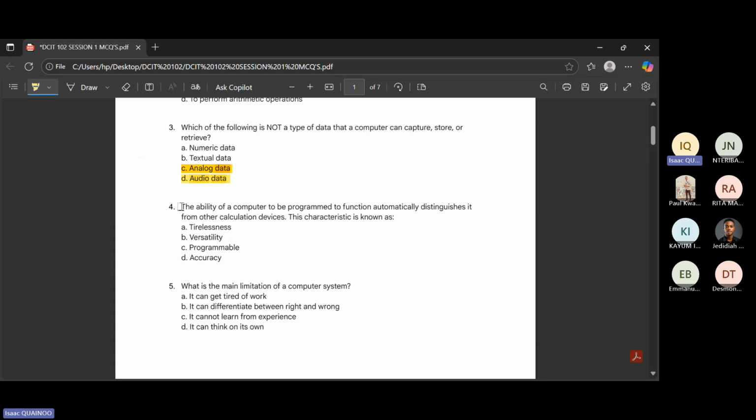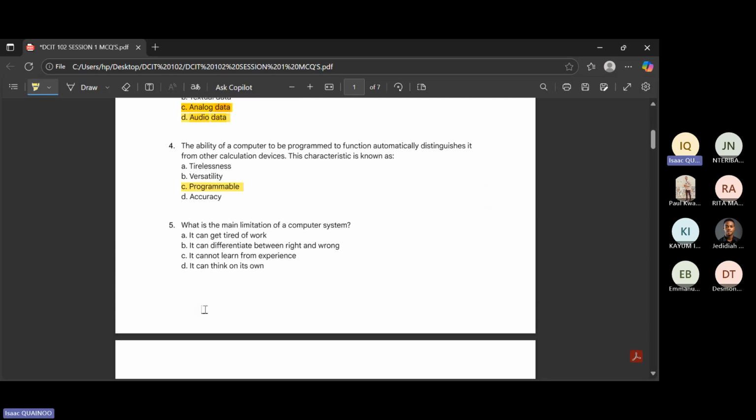Here we are talking about the ability of a computer to be programmed to function automatically. What is that characteristic called? Okay, so this is programmable. Programmable basically refers to the ability of computers to be programmed to function automatically.